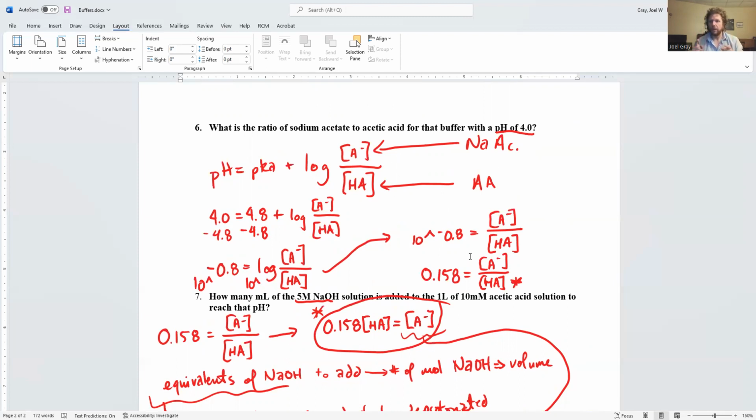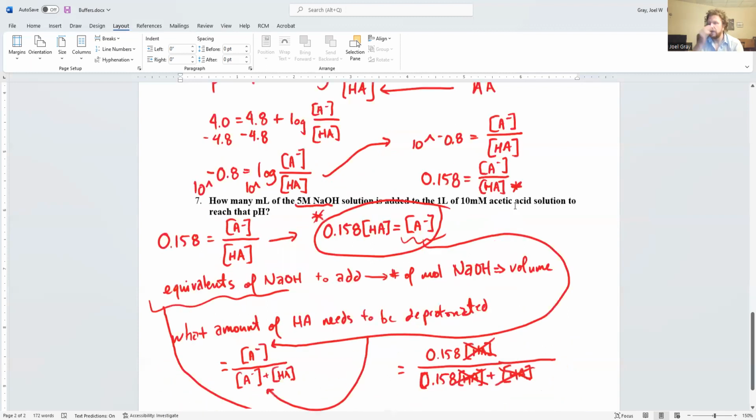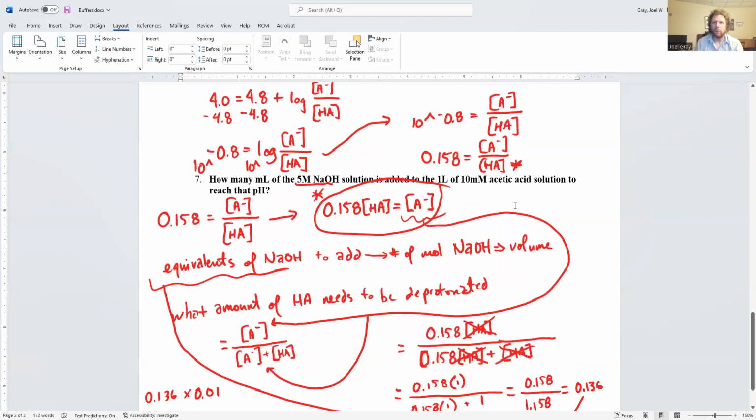Now, what's important to think about there is when you relate two values, a ratio, it's a unitless number because we're comparing two concentrations.